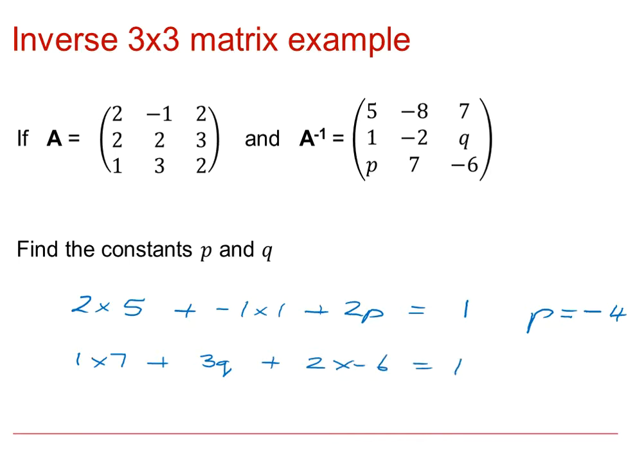This would lead us to the fact that q equals 2. But we could have used any combination of rows times columns which included p and q, knowing that A times A to the minus 1 equaled that 3 by 3 identity matrix, to work out the values of p and q.